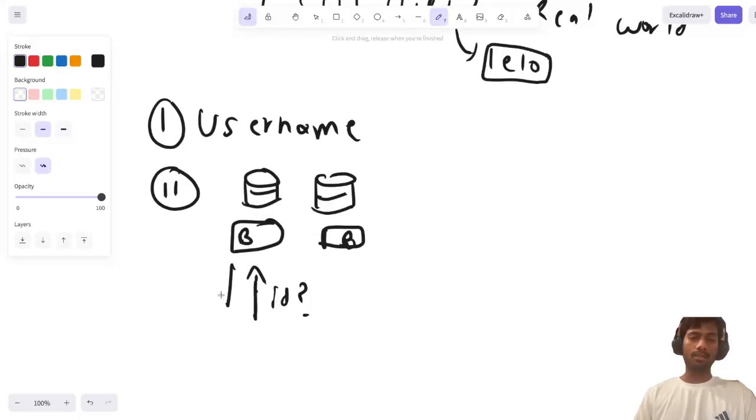If it is no, then simply return. If it says yes, then there is a probability that it could be or it could not be. So in that case, we should actually go into the database and see if it's present or not.